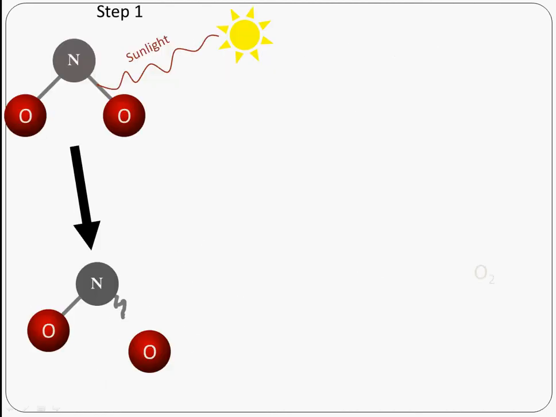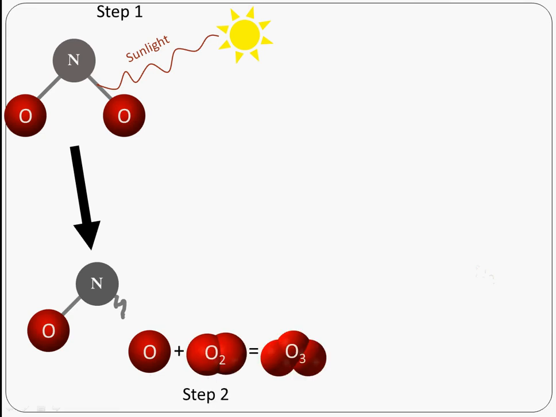So this is my little animation of this process. I also posted another animation that you can look at if you prefer that one. But so here is our nitrogen dioxide. Sunlight comes in and breaks this bond, creating nitric oxide or nitrogen oxide and a reactive oxygen molecule or atom that combines with regular oxygen gas to form ozone.